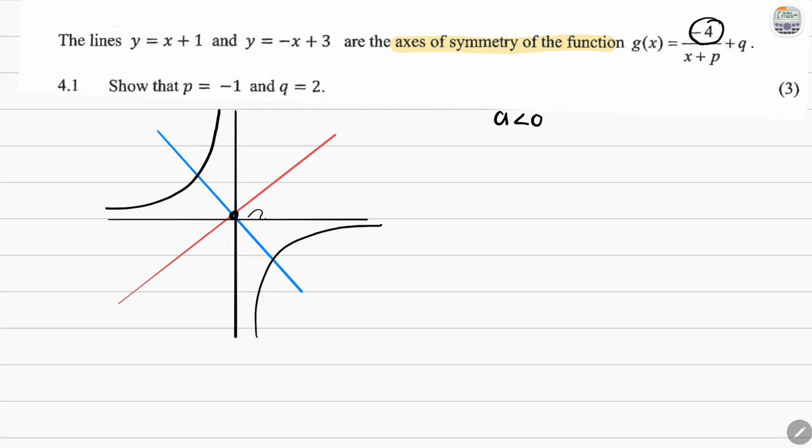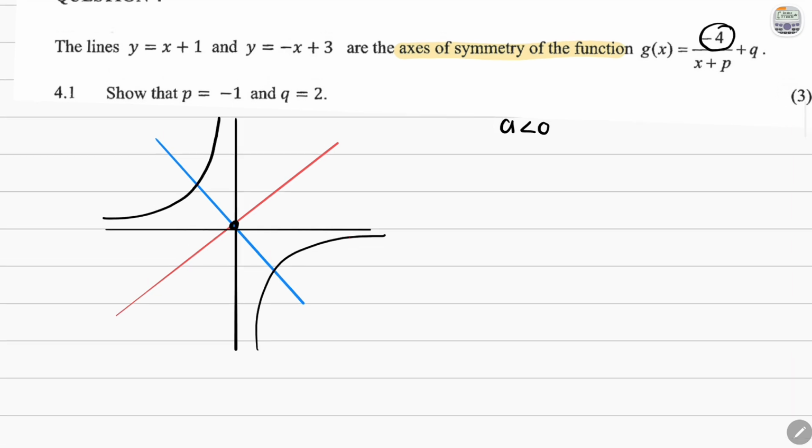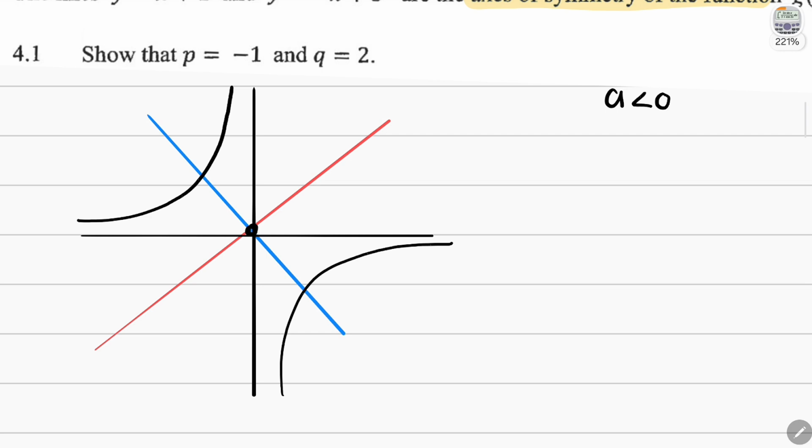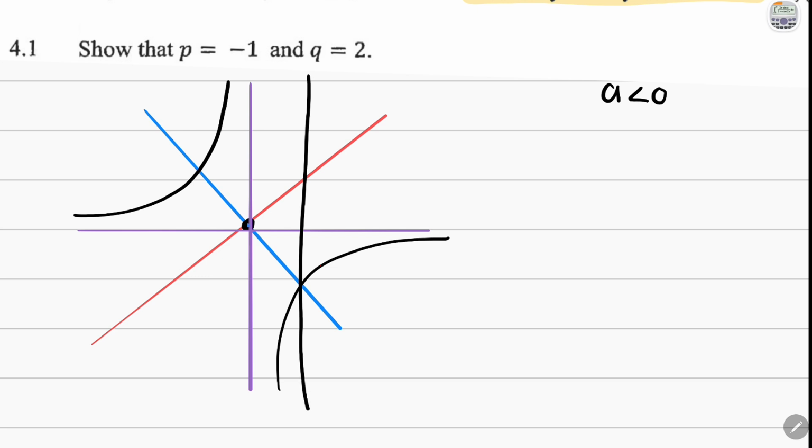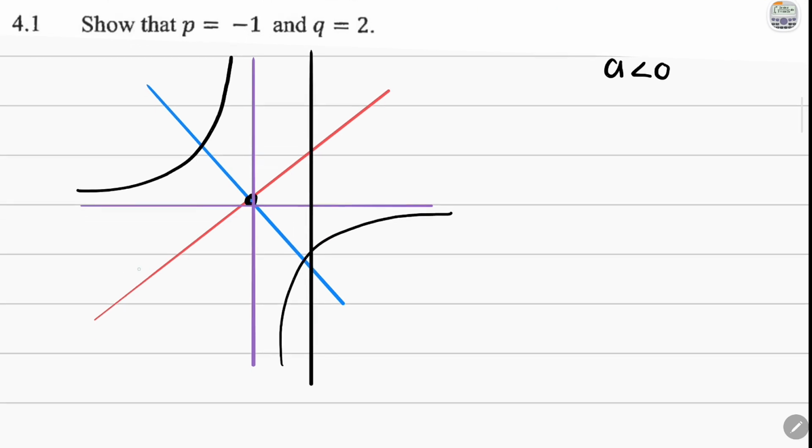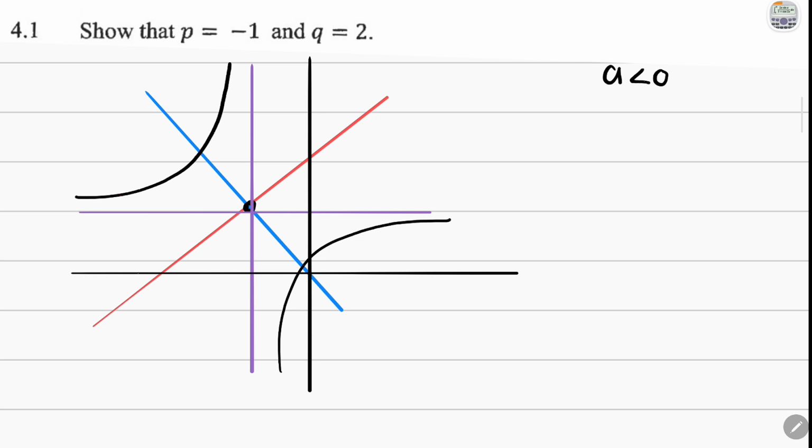So ultimately, these two lines, the axes of symmetry that we have, intersect at the point of intersection of your asymptotes. So whatever x value they have, I think it's best to actually draw a y-axis. Let's say the y-axis was over here, and the x-axis was just here. It doesn't actually look like that, I'm just putting this here as an example.